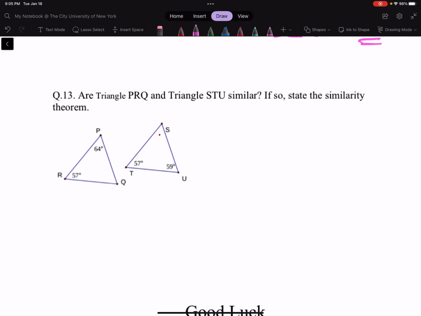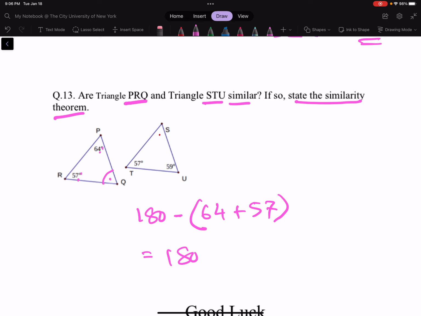In number 13, are triangle PRQ and triangle STU similar? If so, state the similarity theorem. You see their angles are given, so let's get this angle. From the triangle sum theorem, we can say the three angles add up to 180 degrees. So we subtract these two from this.